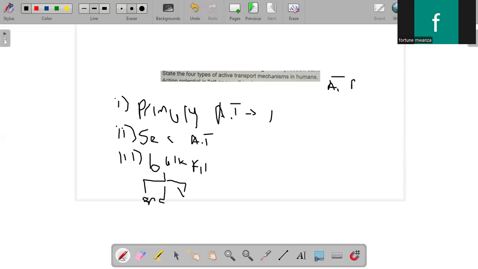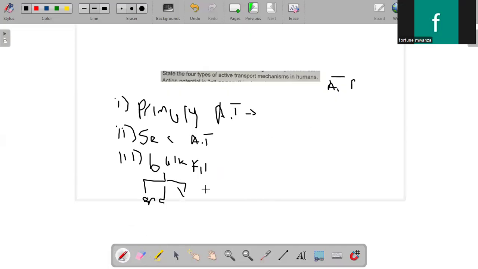A good example is the sodium potassium ATPase, which moves 3 sodium out of the cell and takes 2 potassium inside the cell. You need ATP for that to happen. That's a good example of primary active transport, your sodium potassium ATPase. Let me just write it there.